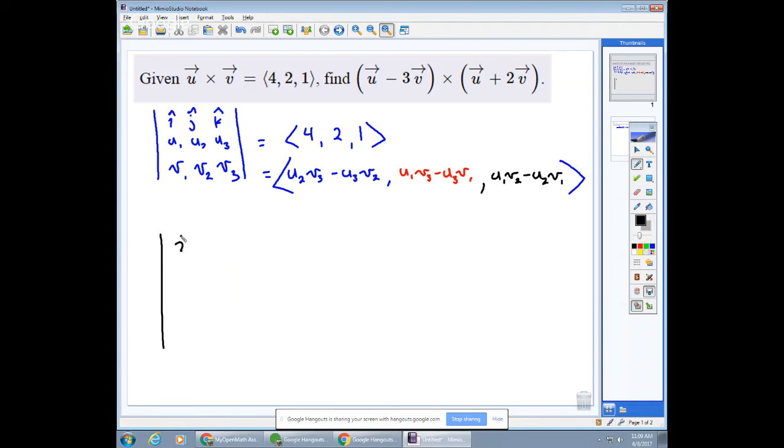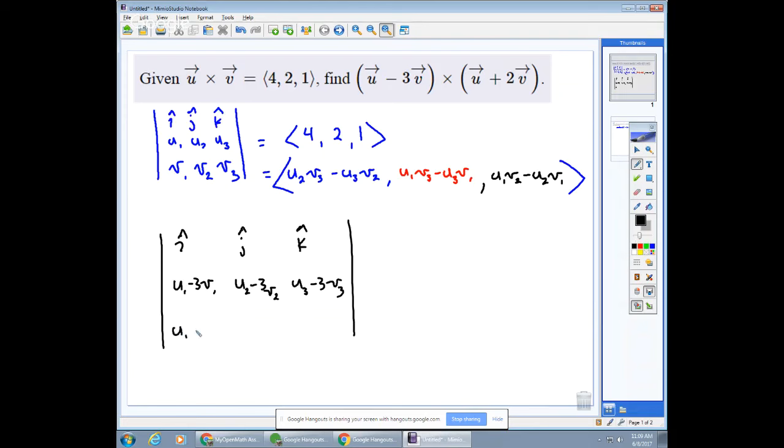That's going to be I, J, K, and U minus, so that's going to be U1 minus 3V1, and U2 minus 3V2, and U3 minus 3V3.